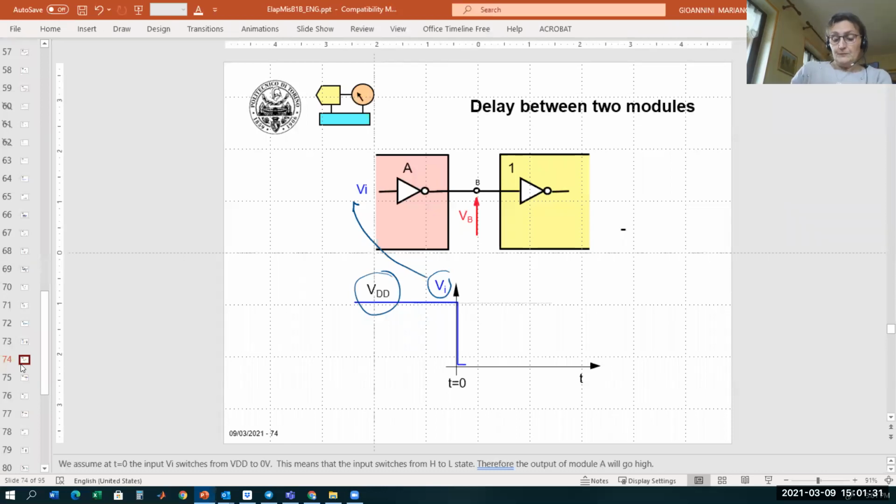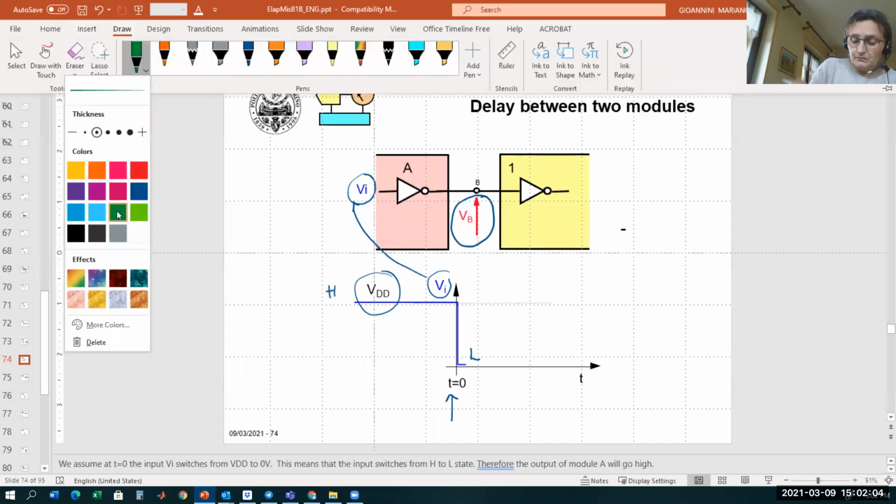So let's imagine this experiment. I switch the input voltage from high to low at time instant t equals 0. The question is, what happens to the output voltage here, VB? Is this output voltage VB instantaneous?